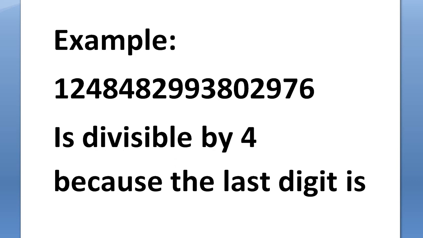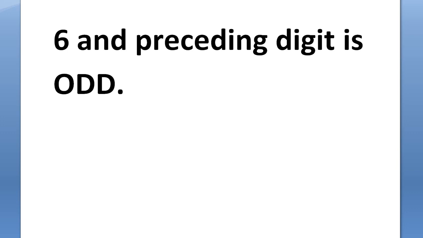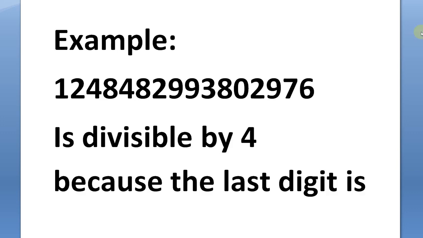It's divisible by 4 because the last digit is 6 and the preceding digit, the second last digit, which is 7, is odd. Now if that wasn't odd, if that was say even like 6, so that was 66 or 86 or whatever, then it wouldn't be divisible by 4. So we're not using the fact that 76 is divisible by 4.